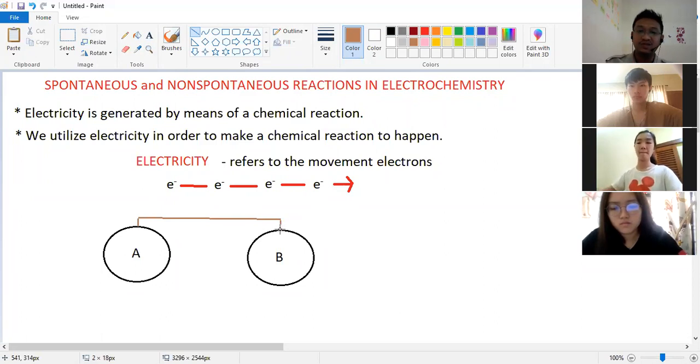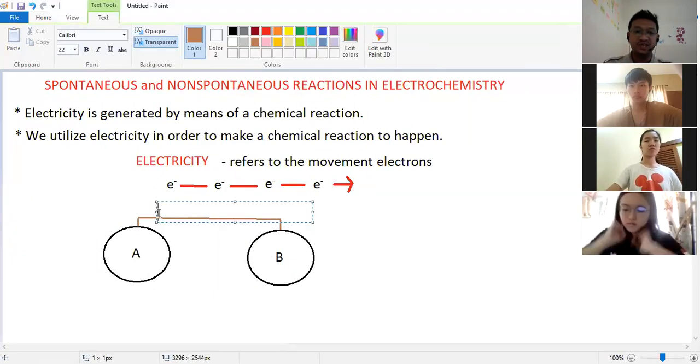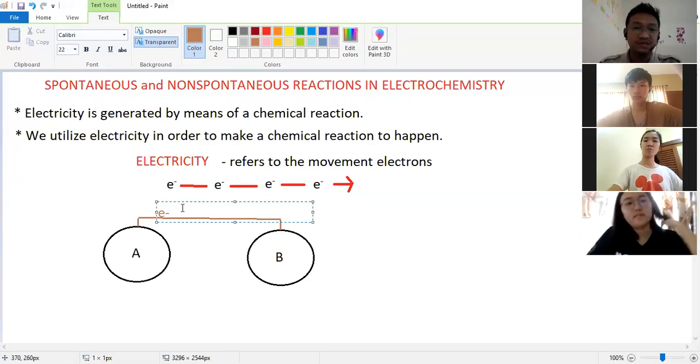Now, what do you expect to happen? This is what is going to happen if a conductor joins these two substances. One of them will be losing electrons, and the other one will be receiving electrons.